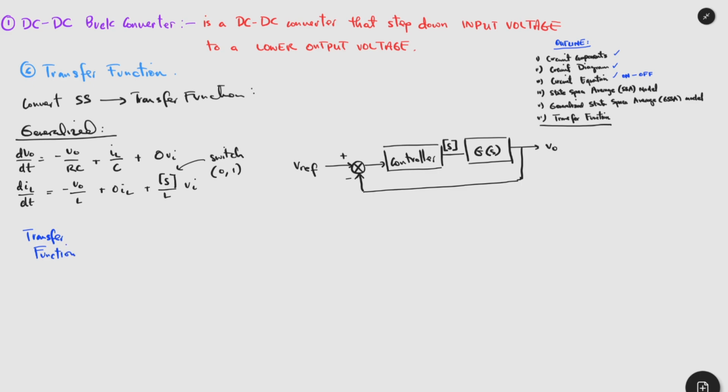Our transfer function will now become the output of the system over the input of the system, and we all know that the output of the system is known as the V naught, and the input is nothing but the switch. So we are now deriving the transfer function of this particular model, and we have the input, which is the switch signal, and the output, which is the V naught.